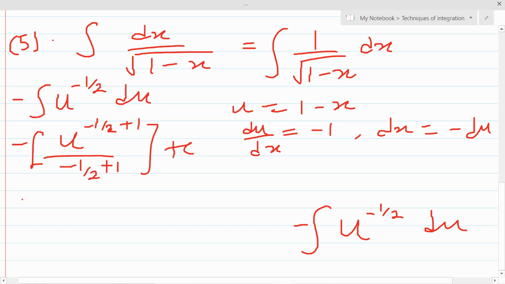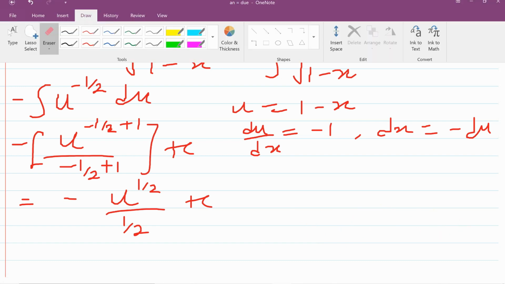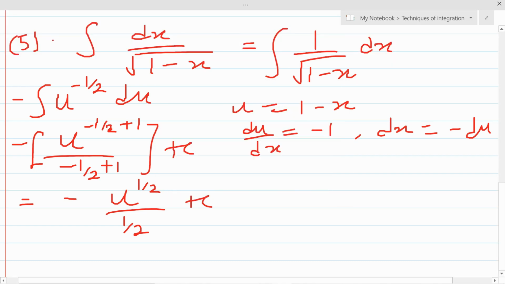Okay, this will give us what? Negative u to the half, because negative half plus 1 is half, over half, plus c, and this is equal to -2 u to the half plus c.